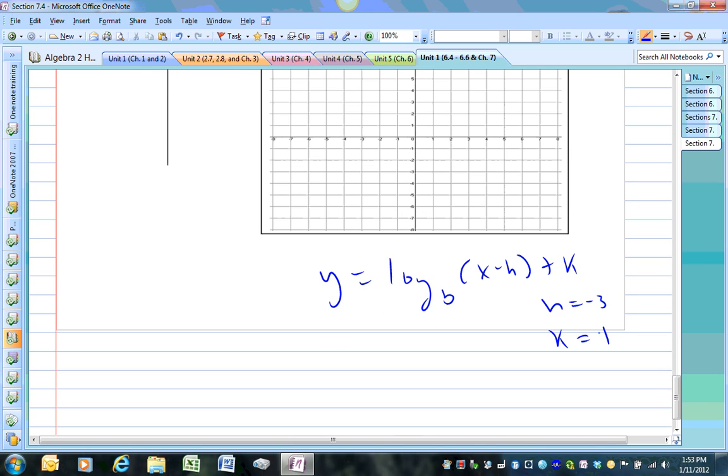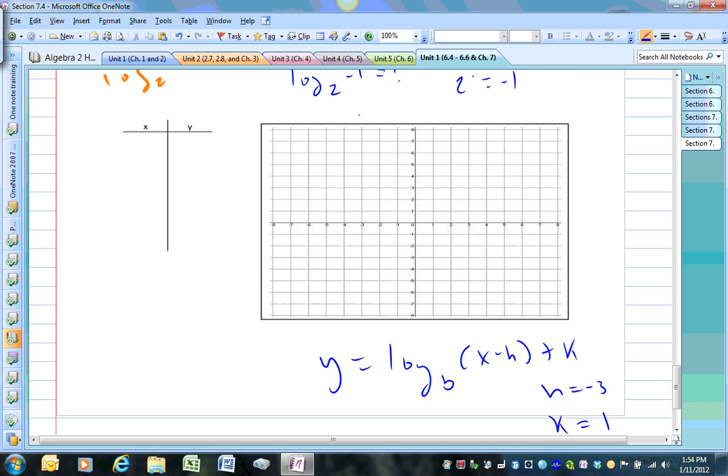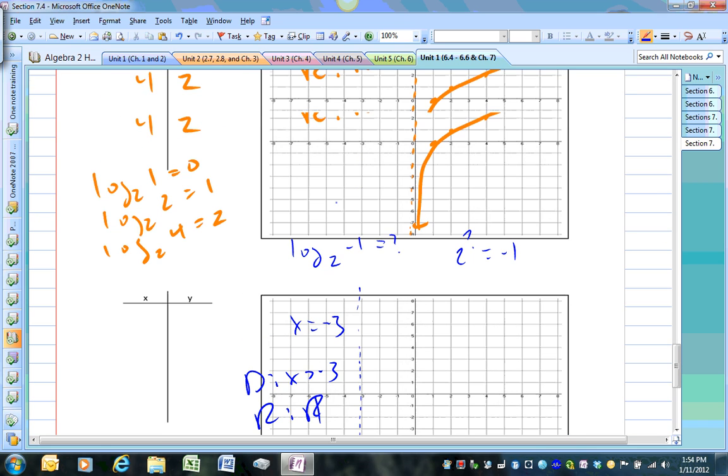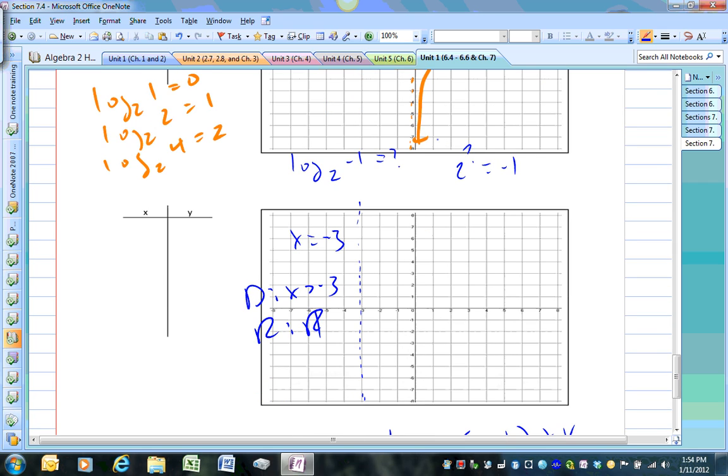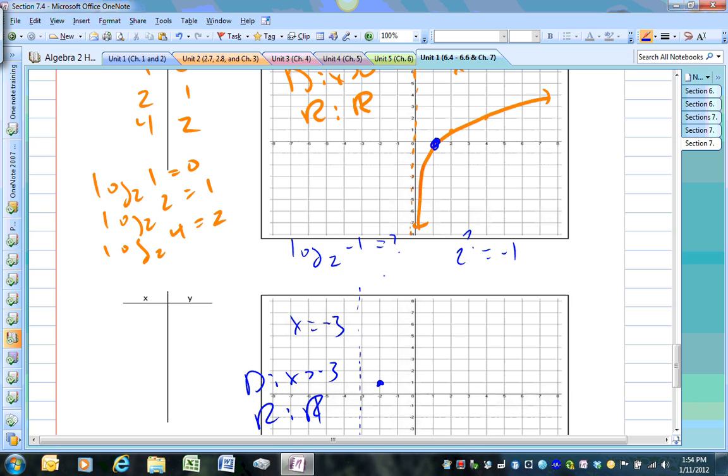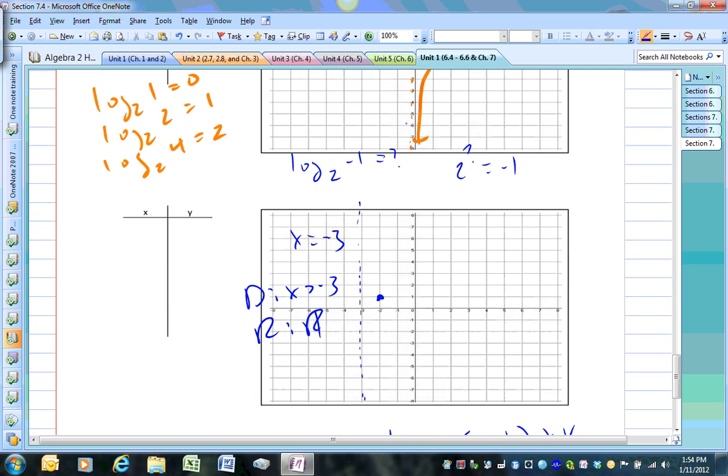So we're going to have a vertical asymptote at x equals negative 3, so our domain is going to be x greater than negative 3, and range is still all real. And the points: if I took (1, 0) and shifted it 3 left and 1 up, it'll now be over here. If I took (2, 1) and shifted 3 left and 1 up, I will get (-1, 2).